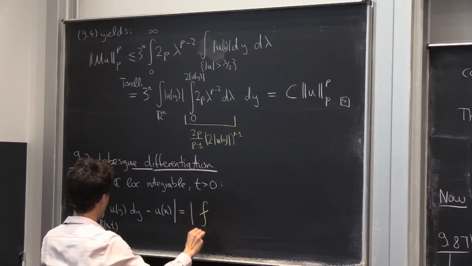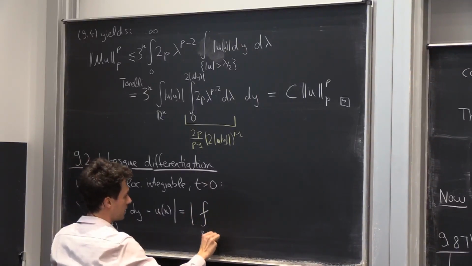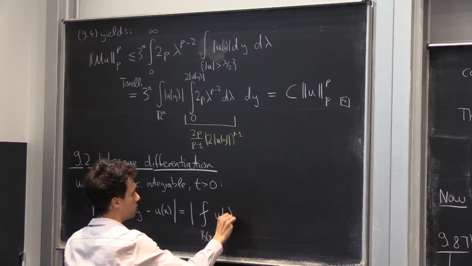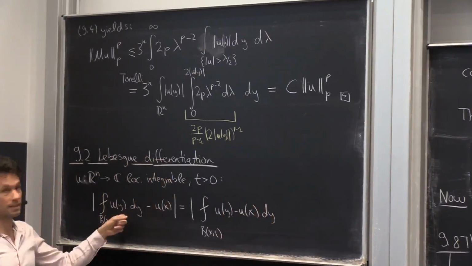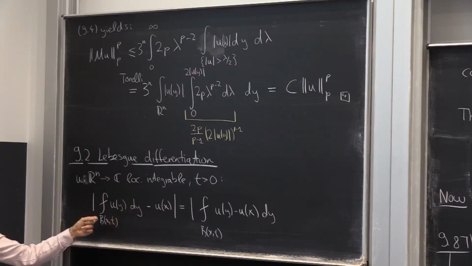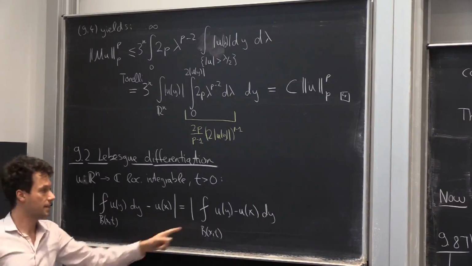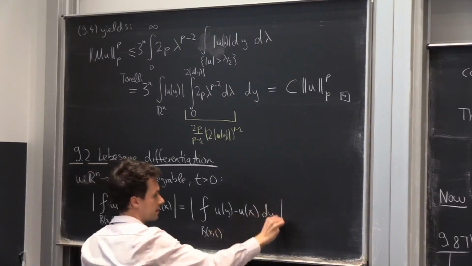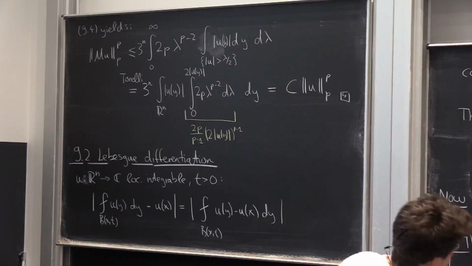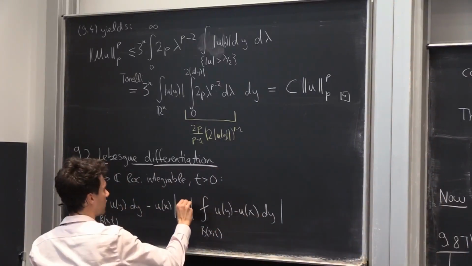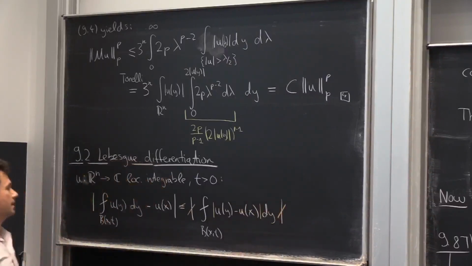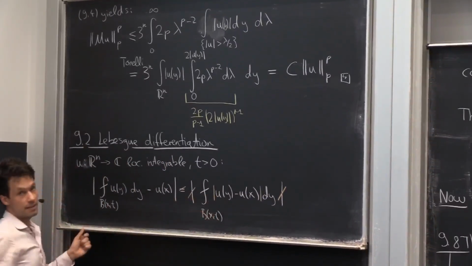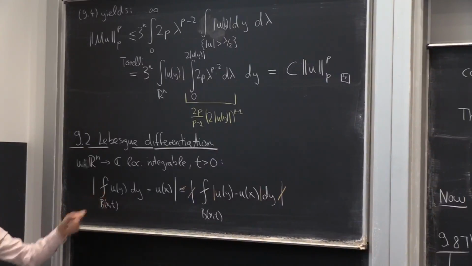It's always good to keep in mind when you work with averages, that you can write it also as the average of u of y minus u of x dy. You can bring the constant inside because the normalization makes integration with respect to a probability measure on that set. And so you can write it like this. And you can even be more generous. You bring the absolute value inside. And then you have this estimate. And so having this thing tend to 0 is a stronger requirement than having these averages converge.